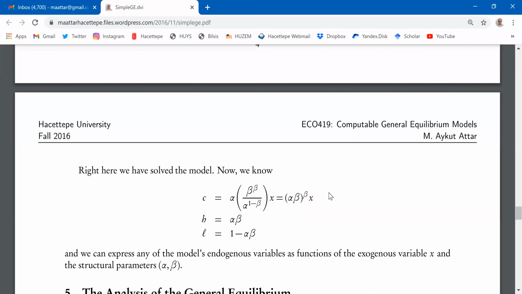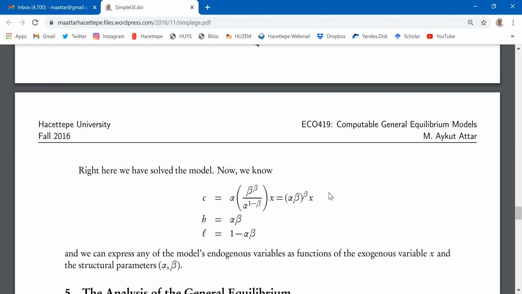Now, what happens to labor supply and leisure? Labor supply and leisure are determined by both technology and preference parameters, alpha and beta. If both alpha and beta are larger, alpha larger means the share of consumption is larger, and beta larger means the curvature of production technology implies a lower degree of decreasing returns.